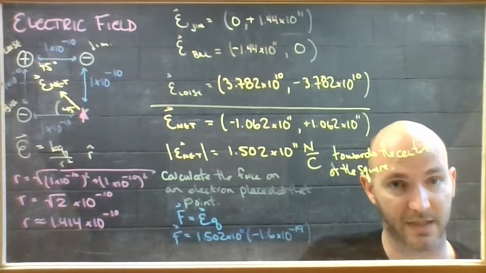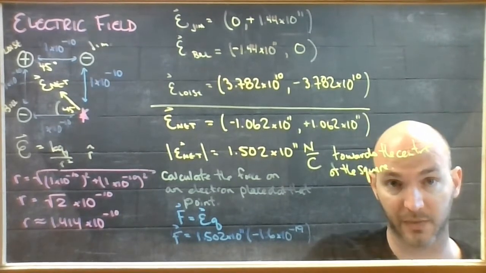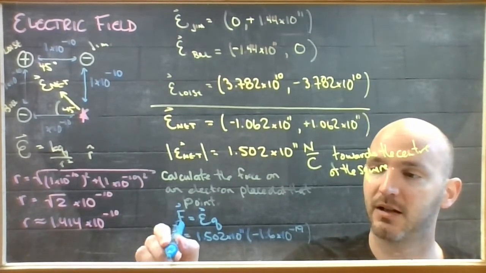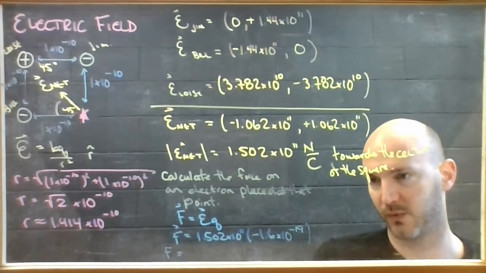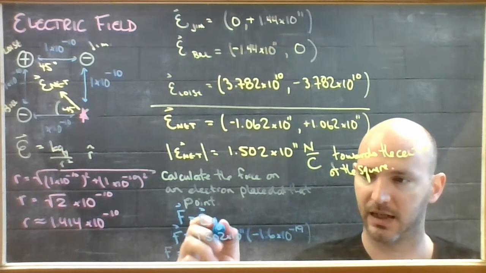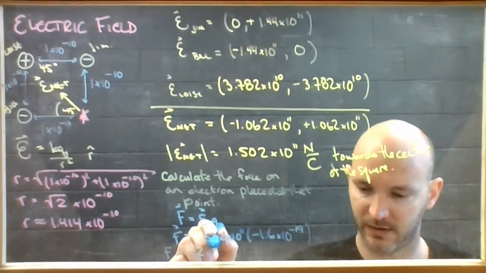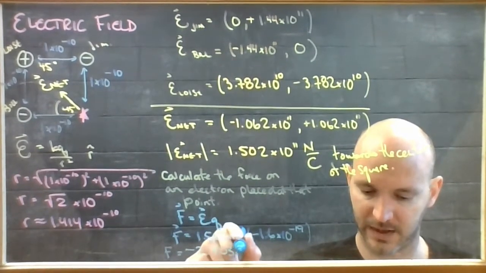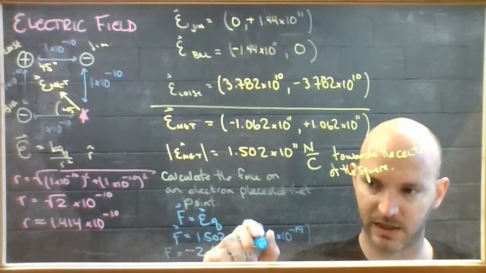Notice that I put that negative back in, even though I've been chirping about not using it this whole time. And I end up with that times 1.6 times 10 to the negative 19 gives me negative 2.403 times 10 to the negative 8 newtons.